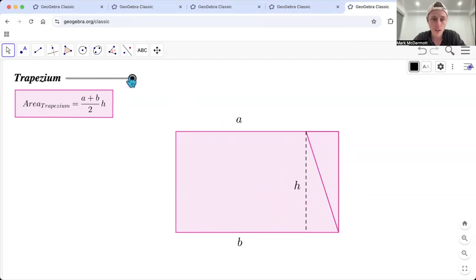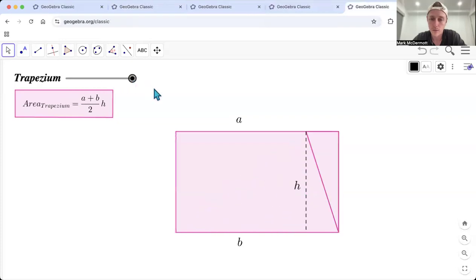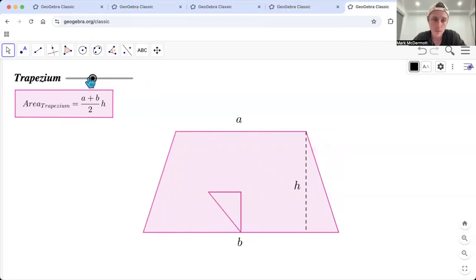Well, I think you would agree if we took this length plus this length, added them together, and then halved it, it's essentially like taking the average of the two lengths. Because that's how you take an average, right? You add numbers together and you halve them. So essentially, this length here is going to be the average of A and B. And that should make a bit of sense.